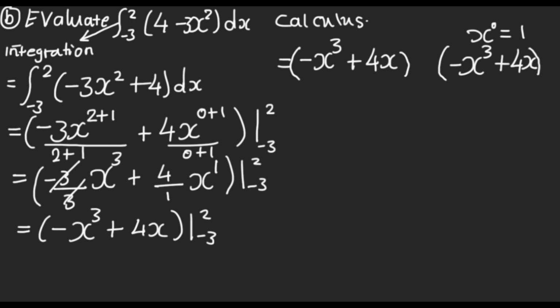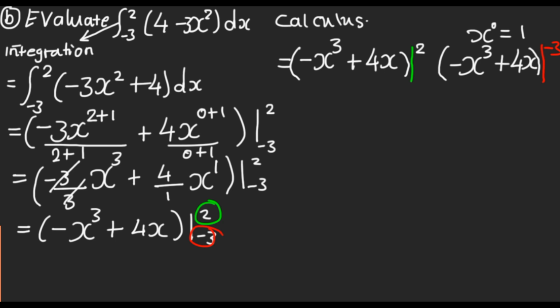Then what are we going to do here? The first bracket goes with the higher limit. So the higher limit is 2. We know that 2 is greater than negative 3, so this is the number that will go there. Then for the second bracket, you use the lower limit, which is negative 3. So the negative 3 is here.